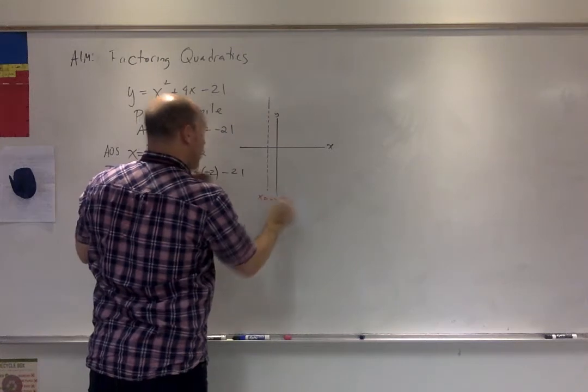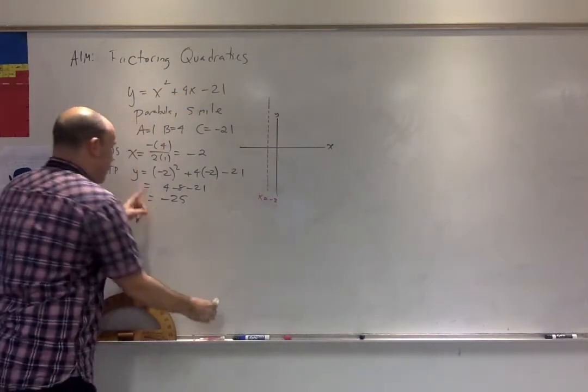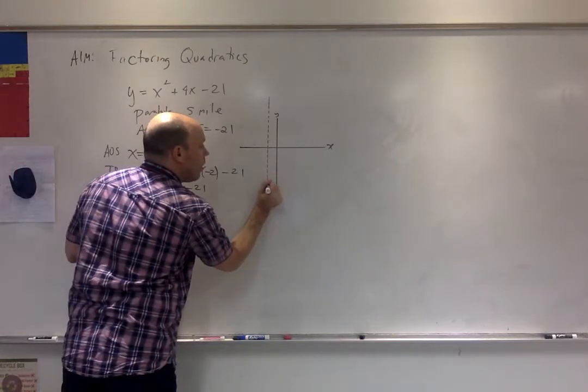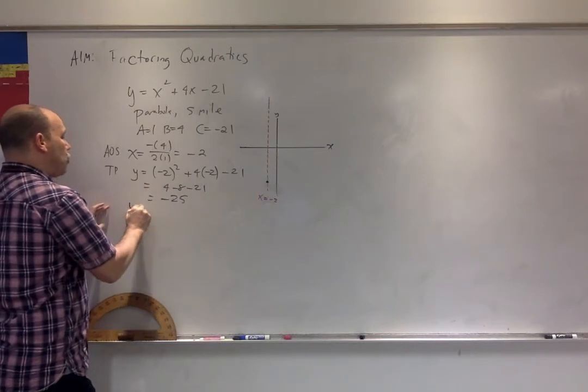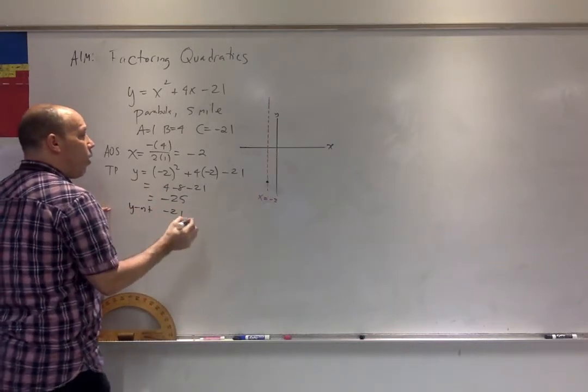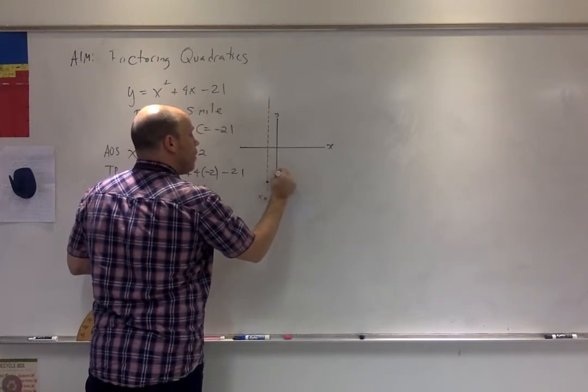We know the turning point is at negative 25. We also know that the y-intercept is negative 21.